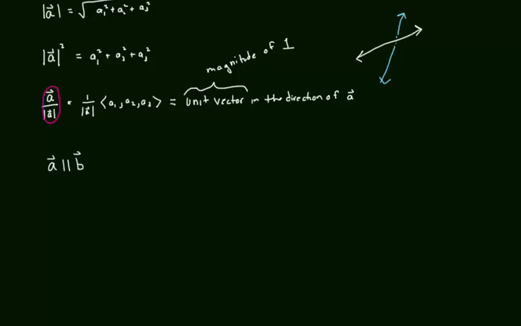So the correct definition of A being parallel to B is not that they do not intersect. We say that A is parallel to B if vector A is equal to vector B times some scalar, and I'll use scalar m. So vector A equals m times B for some scalar m.